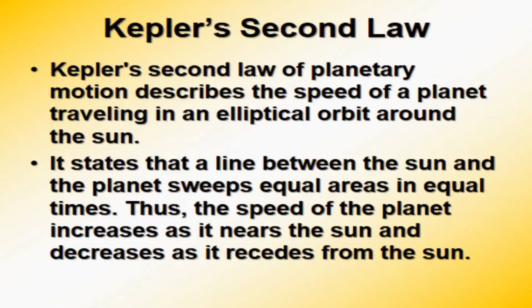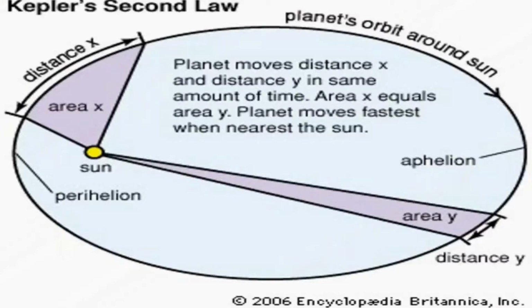Kepler's second law of planetary motion describes the speed of a planet traveling in an elliptical orbit around the sun. Okay? So the speed of the planet increases as it nears the sun, and it decreases as it recedes from the sun. Alright?